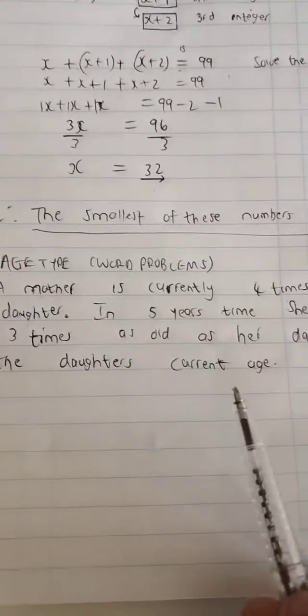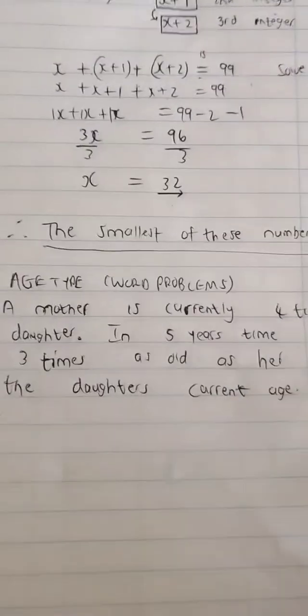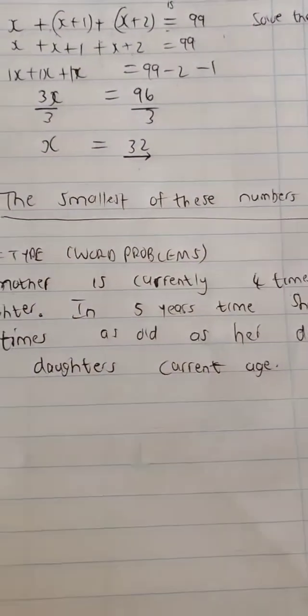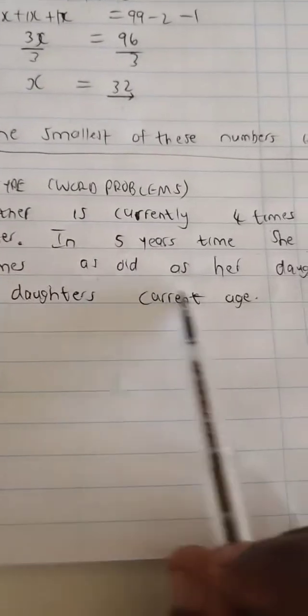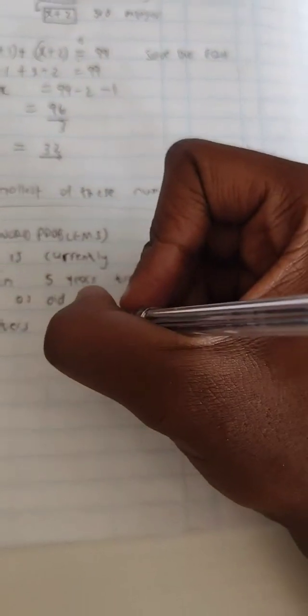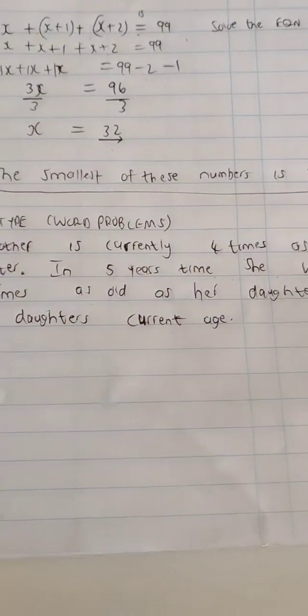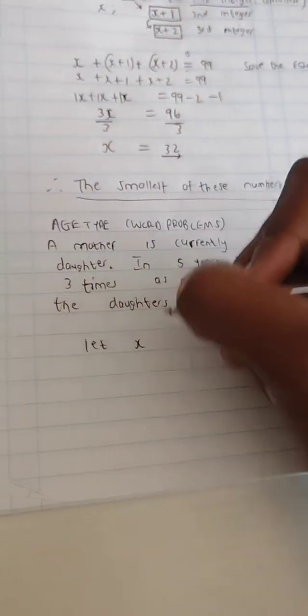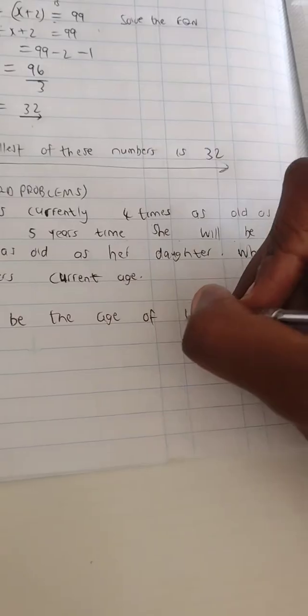So what we do here, as I had said, as per a general strategy, is assign variables to what we want to find. What do we want to find? We want to find the daughter's current age. So current means now. In 5 years' time means later. So let us say then, let X be the age of the daughter.